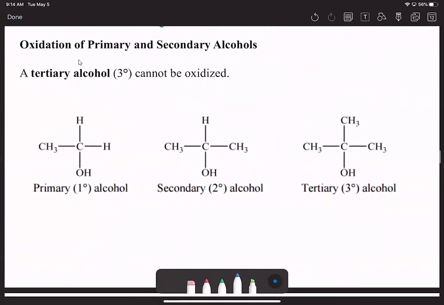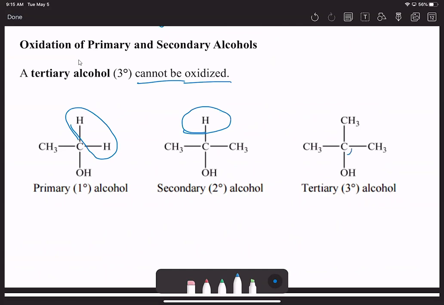All right. Tertiary alcohols. Well, tertiary alcohols cannot be oxidized. When we oxidize a primary alcohol, first time we oxidize it, aldehyde. Second time, carboxylic acid. A primary alcohol can be oxidized twice because there's 2 hydrogens. A secondary alcohol can only be oxidized once because there's only 1 hydrogen.